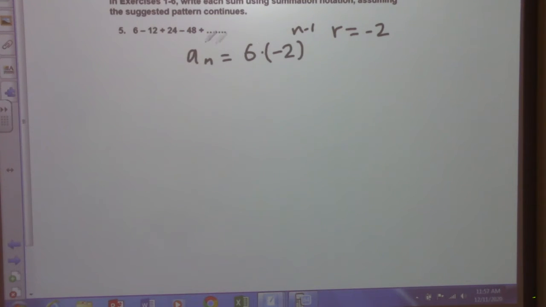Okay, so now for our summation notation, it's written like this. It doesn't give anything here, but if we start with n or k equal to 1, we want to start out with the first term, and the pattern continues. When the pattern continues, we write infinity on the top.